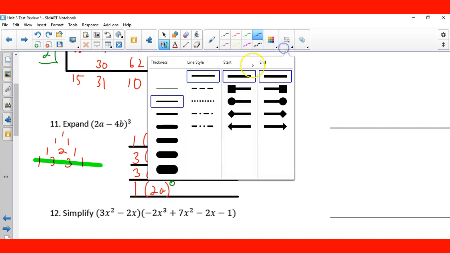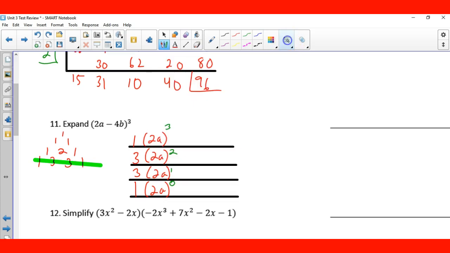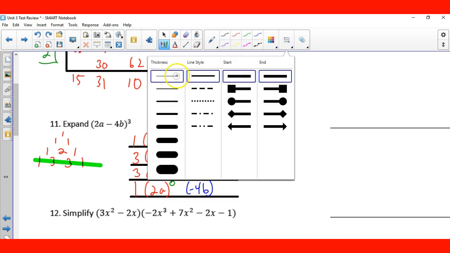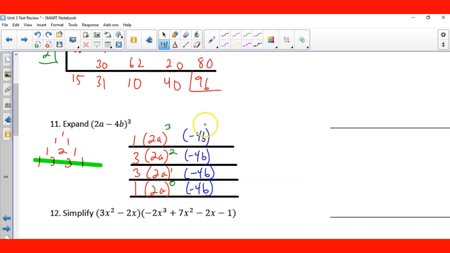Now I'm going to take my second term, which is negative 4b. And now with my exponents, I'm going to go in ascending order. So this is 3, so I start with 0, or you just do it in reverse. 0, 1, 2, 3.